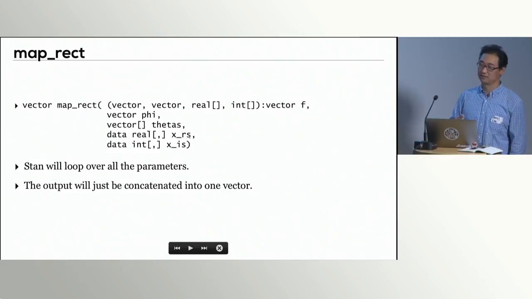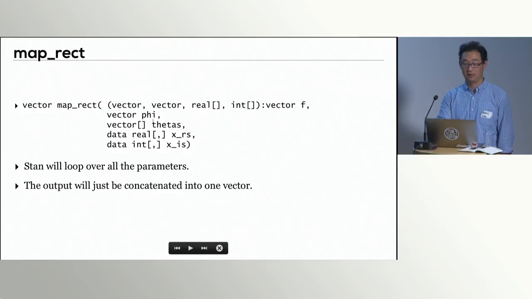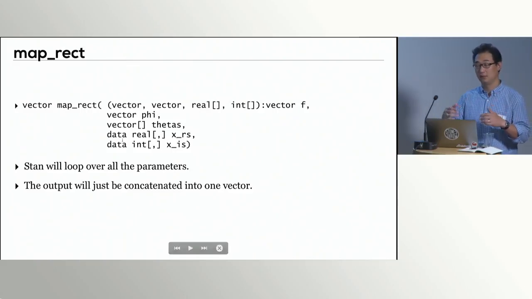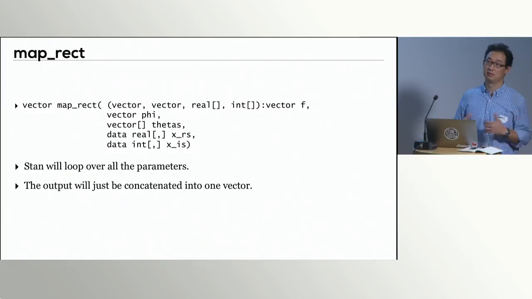So each of those will be passed off to f along with this xrs. The first index is going to be capital N, and for data, the first index is going to be capital N. What Stan's going to do is loop over all these parameters of this argument, split it off, put it into f, and then concatenate all the output into one vector.